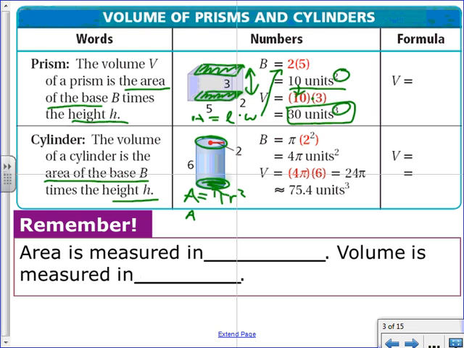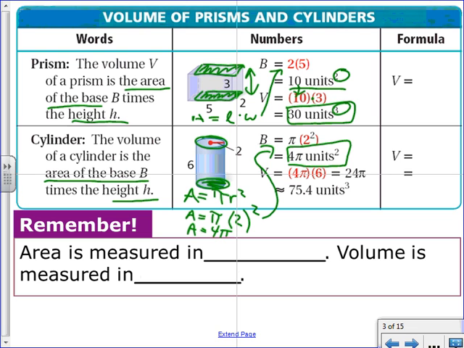Area equals pi times radius, which is 2, squared. And this is area equals pi times 4, or 4 pi. I get 4 pi units squared because we're talking about area.